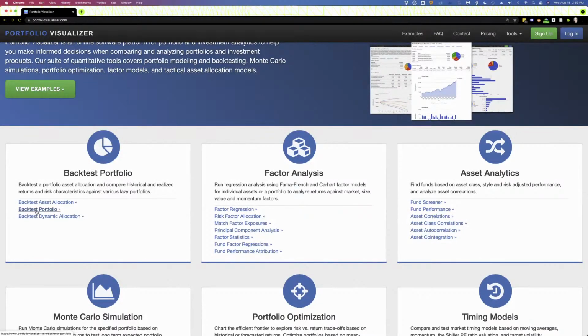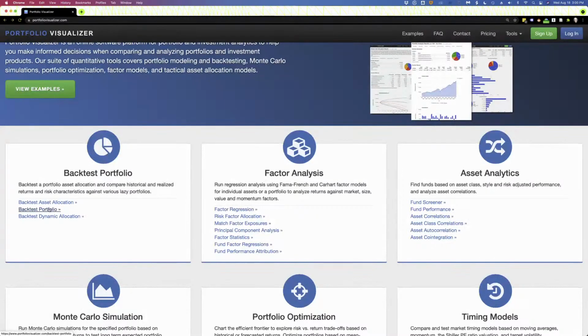Backtest Asset Allocation, we'll look at it in a minute, but just conceptually, it allows you to look at how asset classes perform. So not specific mutual funds or specific ETFs, but just asset classes more generally, like, for example, large cap US stocks or gold or emerging market stocks.